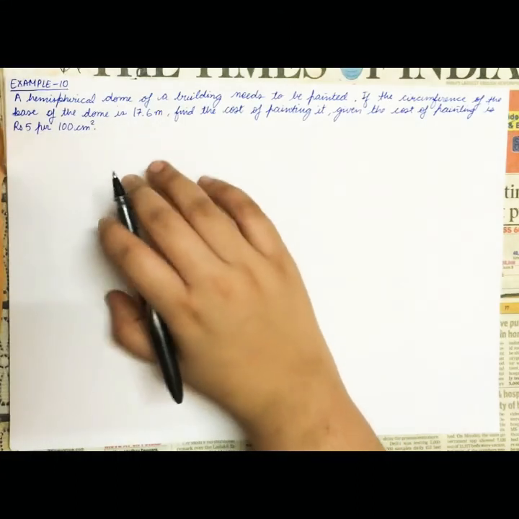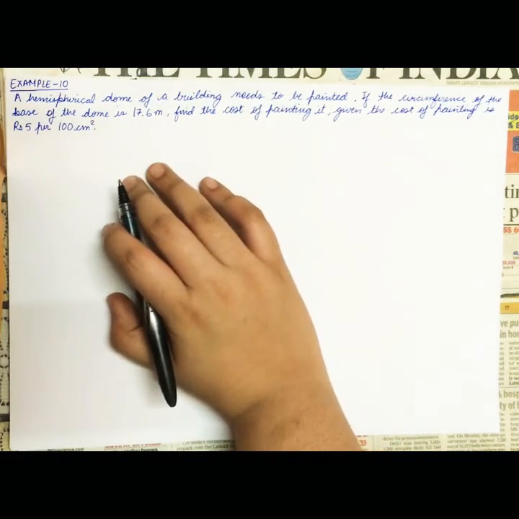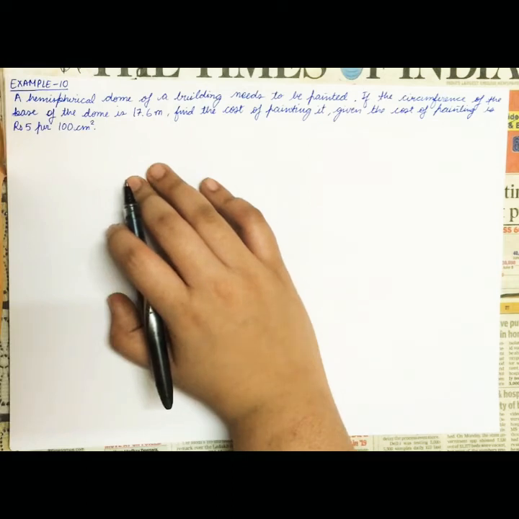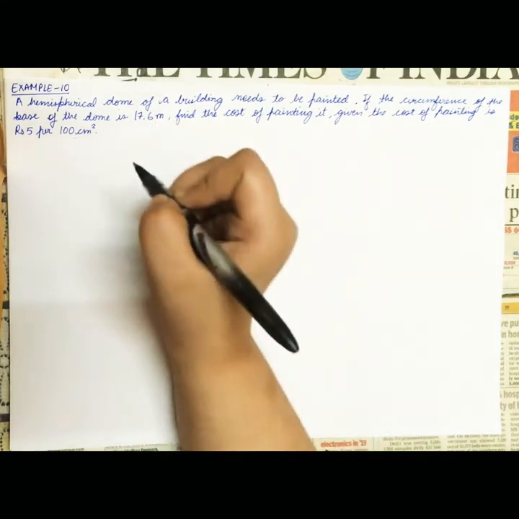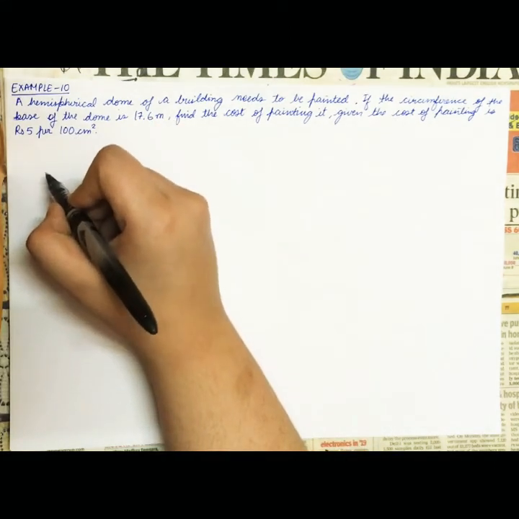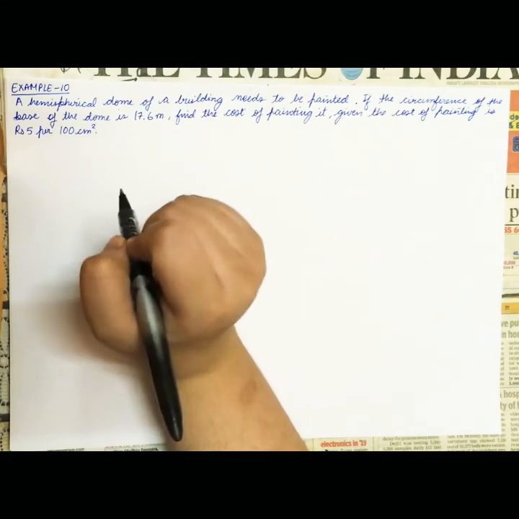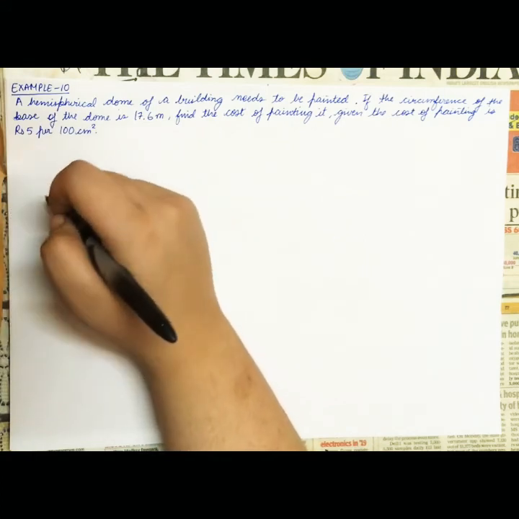Example number 10. A hemispherical dome of a building needs to be painted. If the circumference of the base of the dome is 17.6 meter, find the cost of painting it, given the cost of painting is rupees 5 per 100 centimeter square. So now the circumference of the base of the dome is 17.6 meter.